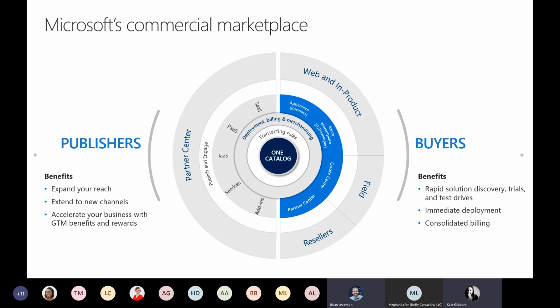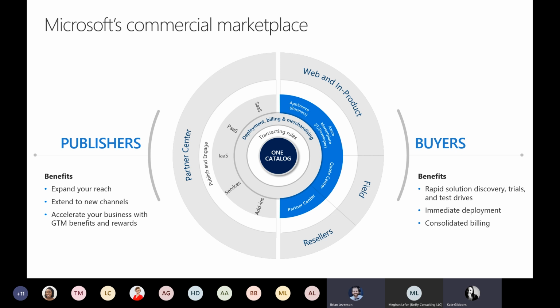That commerce engine, that commerce platform has a unified catalog where your products, your plans, your SKUs, your offers sit side by side with Microsoft's, a single set of transacting rules, deployment, billing, and merchandising rules, and then they can be made available to our shared customers through a number of different channels.